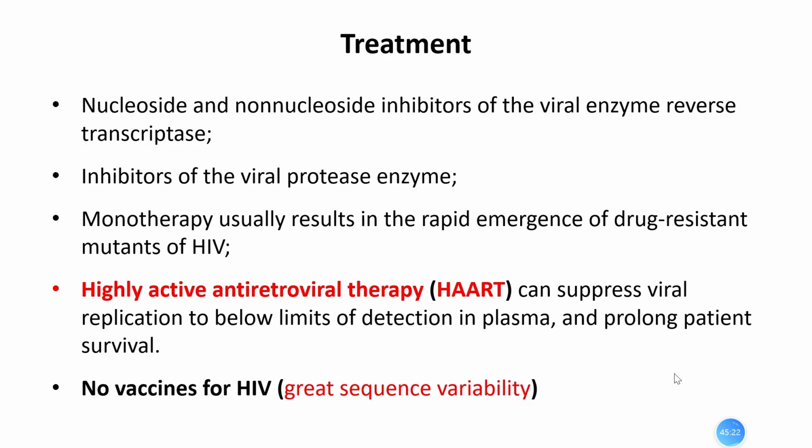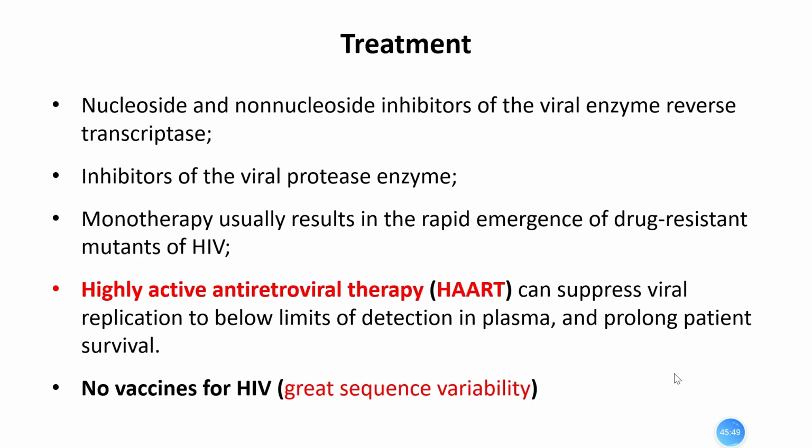Okay, treatment. Actually, when we talk about viral treatment, we mentioned this before a little bit, such as you can use a nucleoside or nucleotide inhibitor or analog, which can stop the reverse transcription.